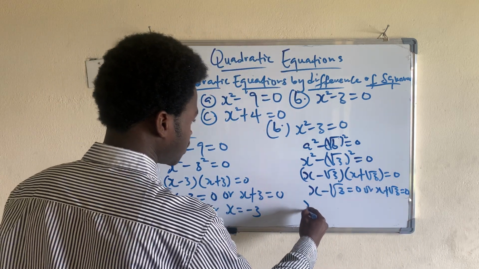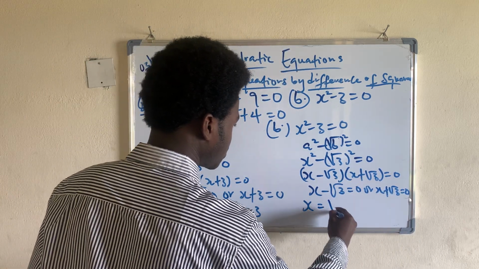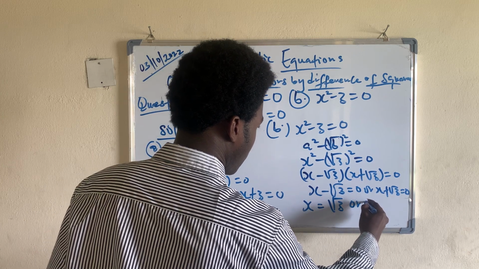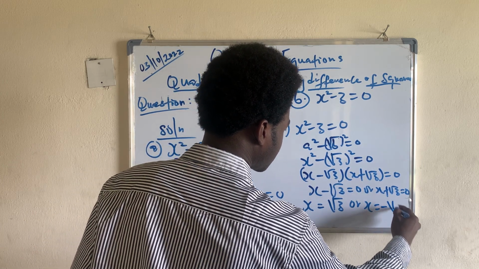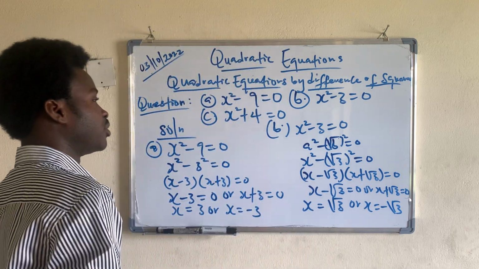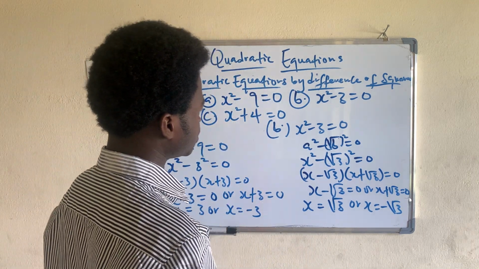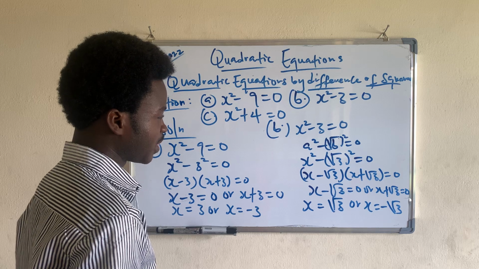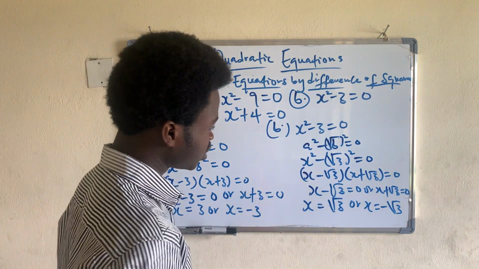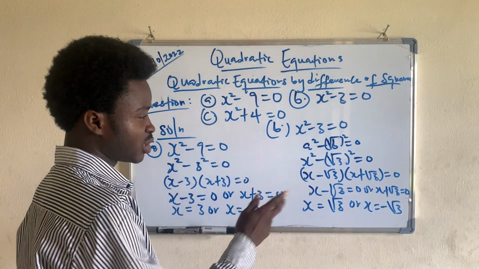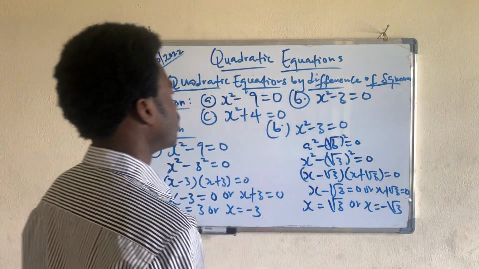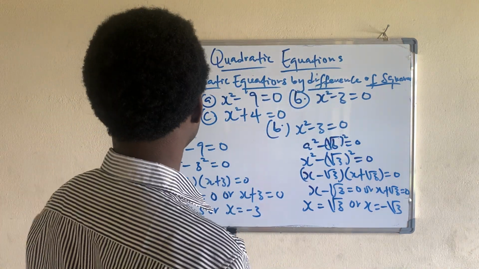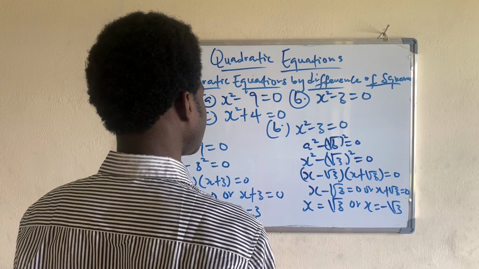And that gives us x is equal to square root of 3, or x is equal to negative square root of 3. And that gives the solution to x squared minus 3 equal to 0. That is, x equal to square root of 3 and minus square root of 3 are the roots of the given quadratic equation. Okay, lastly we take C.